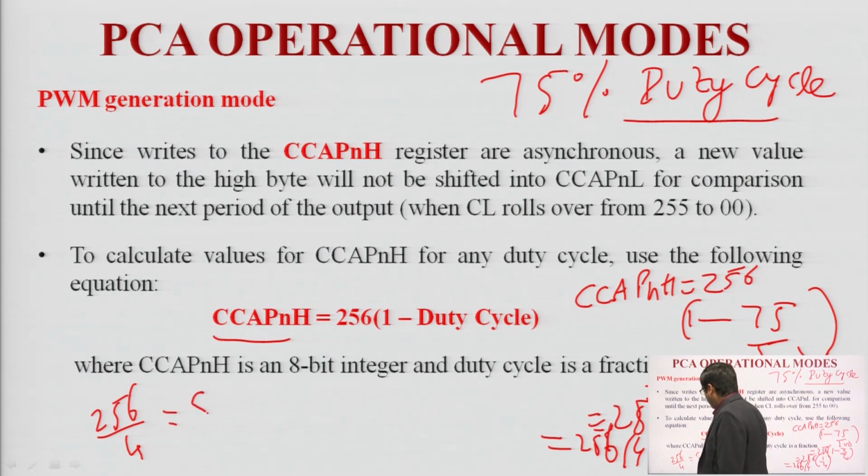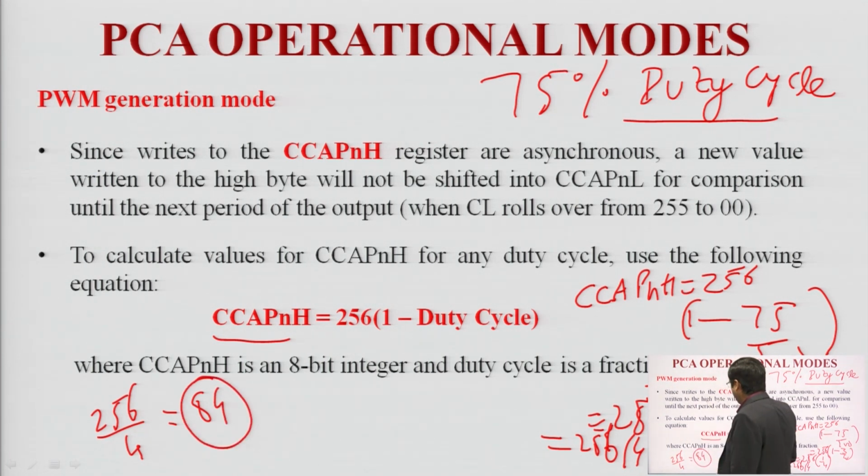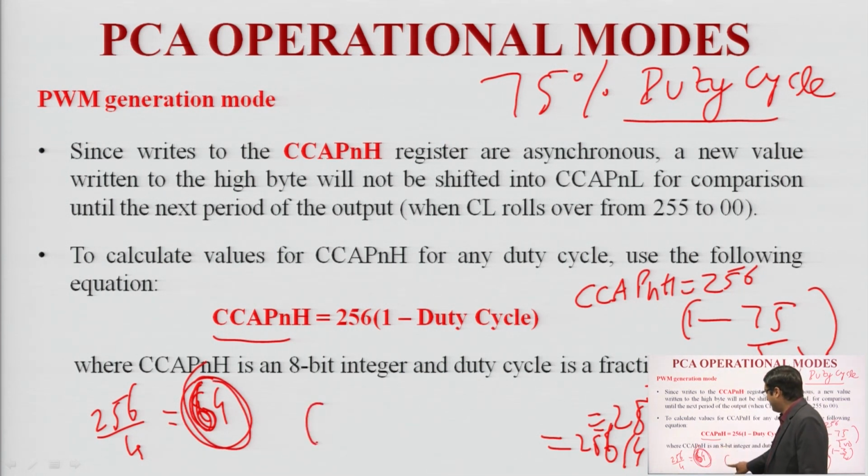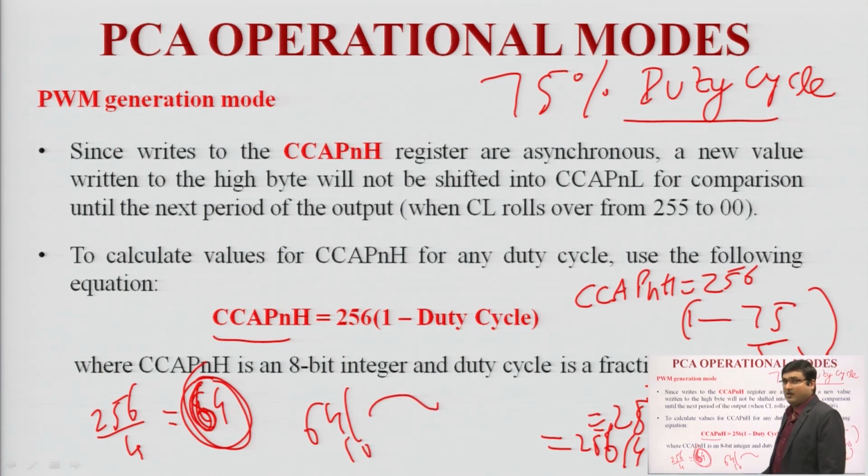So it is equal to, 4 sixes are 24, 64. Sorry, it is 64. This 64 is a decimal number, and we need to convert it into hexadecimal because the microprocessor works only on hexadecimal words.